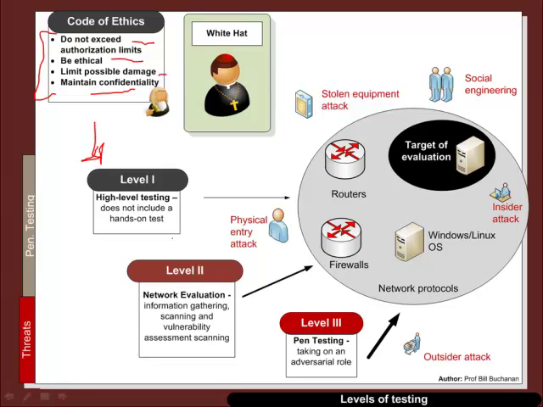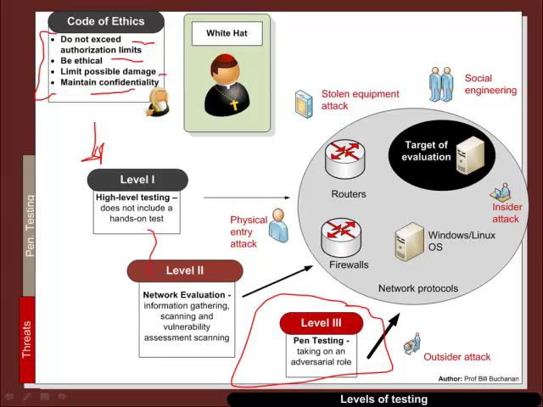The first one is a high-level test, and there is no hands-on test done here. This is often looking at schematics, documentation, previous logs and so on. Then at level 2 there's a network evaluation, which typically involves information gathering, scanning and vulnerability assessment. And then finally we might have a level of penetration testing, which involves taking an adversarial role.